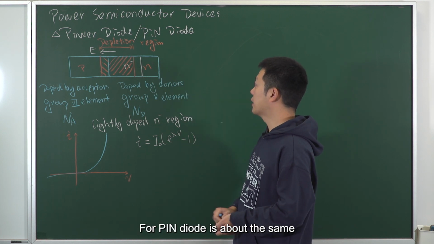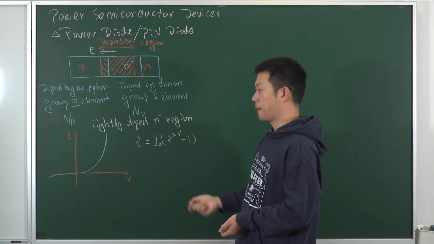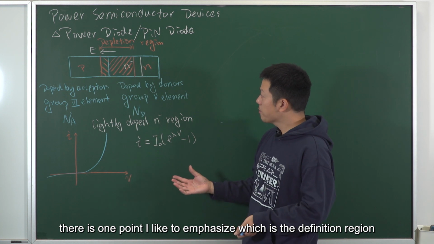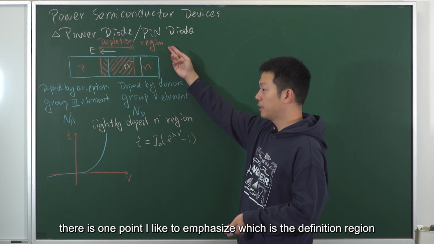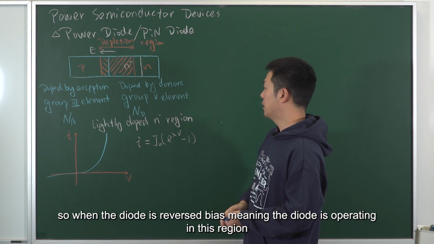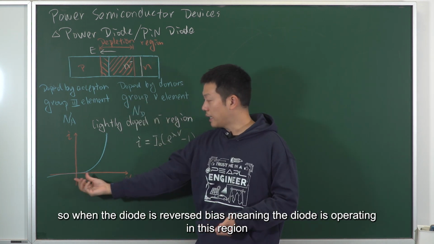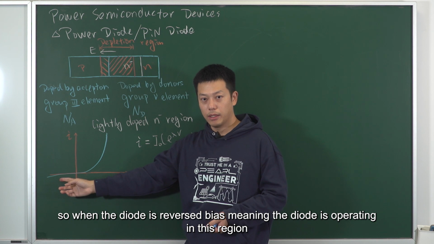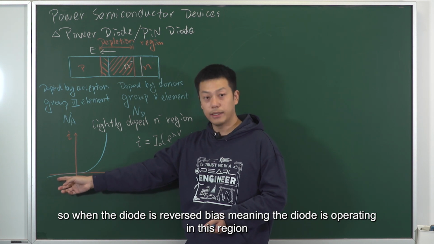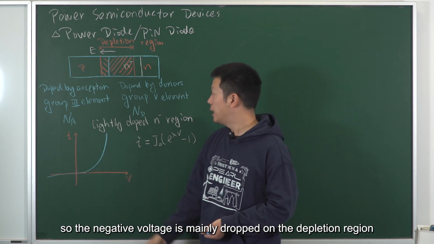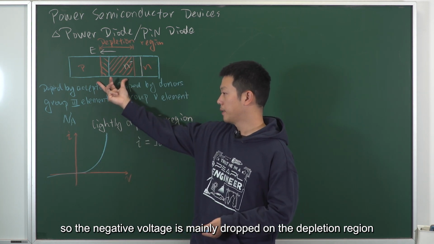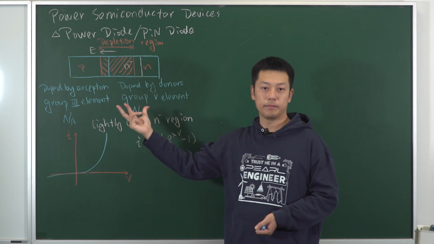For the PIN diode, it's about the same. There is one point I'd like to emphasize, which is the depletion region, right? When the diode is reverse biased, meaning the diode is operating in this region, the negative voltage is mainly dropped on the depletion region.